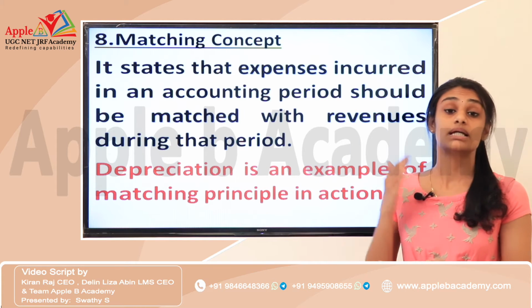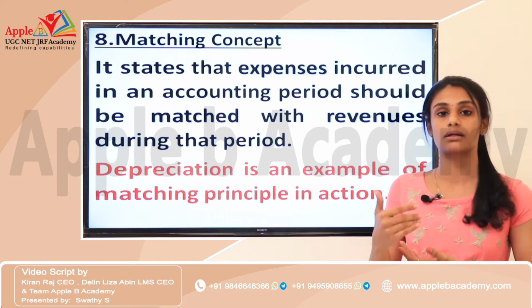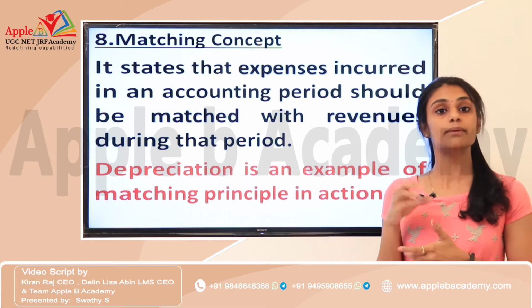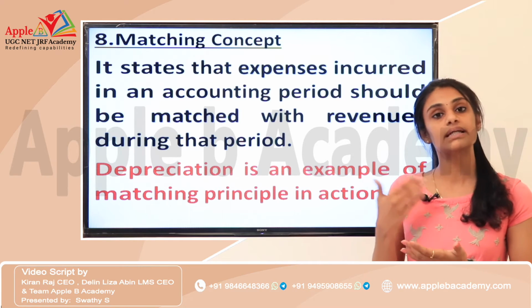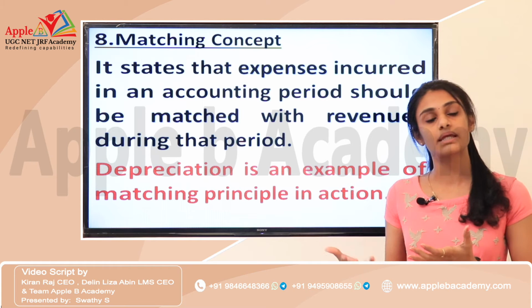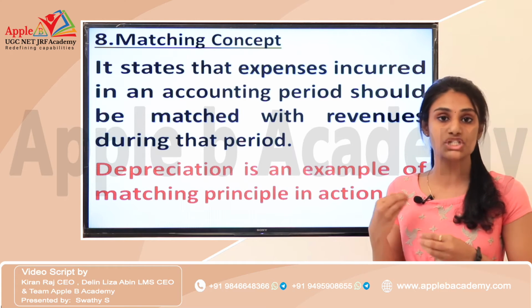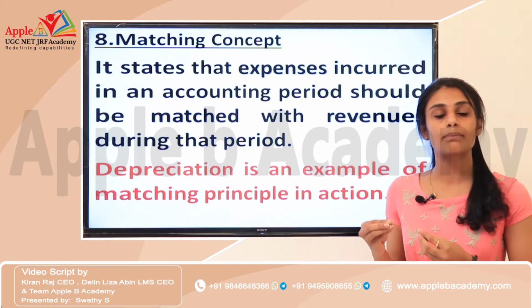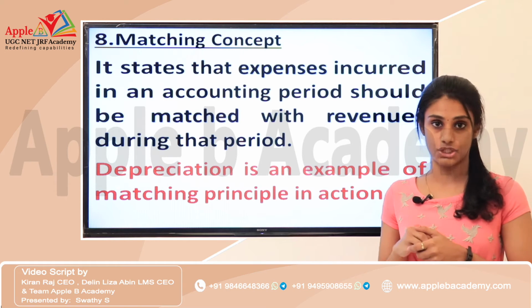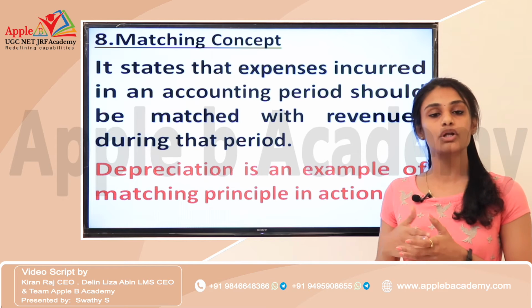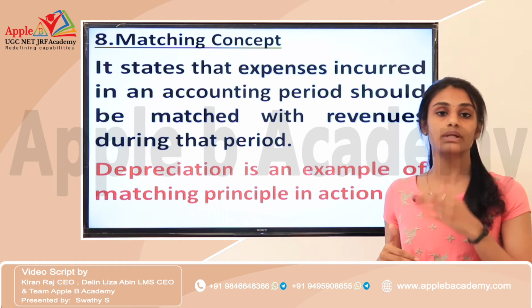So depreciation should also be recorded in the books of accounts, because whenever we are making revenue from the asset, the asset gets depreciated year by year. So, it is very important that you record depreciation. Even though it is not a cash item, it is an expense that actually happens.